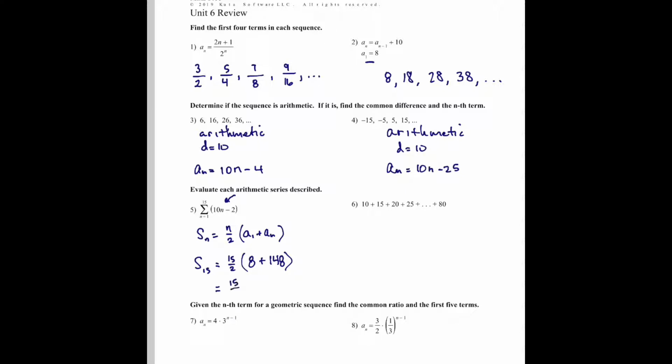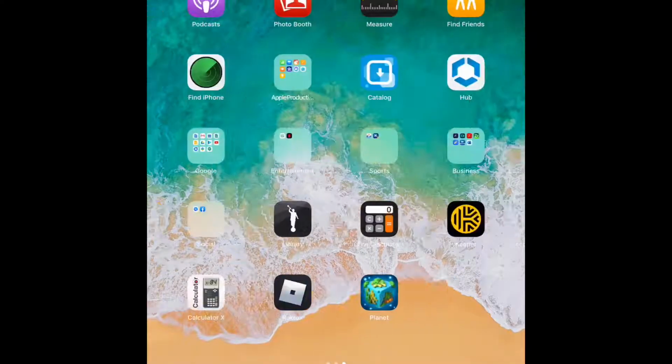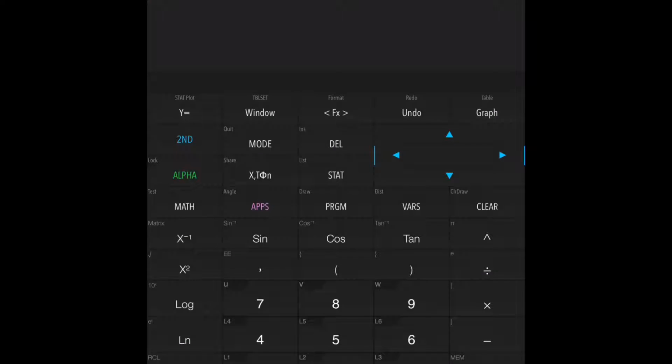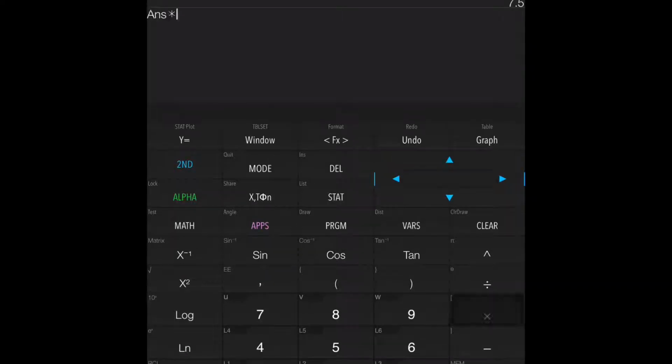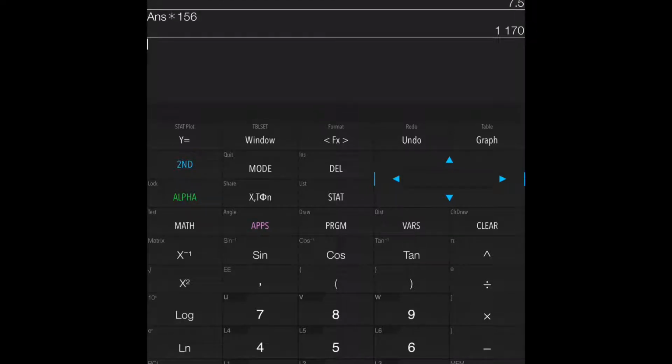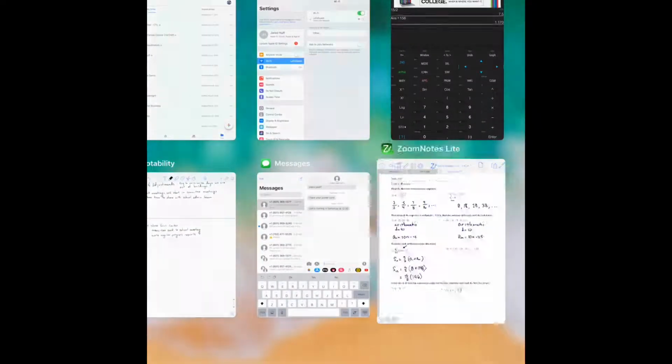So we have 15 halves multiplied by 156. So 1,170.